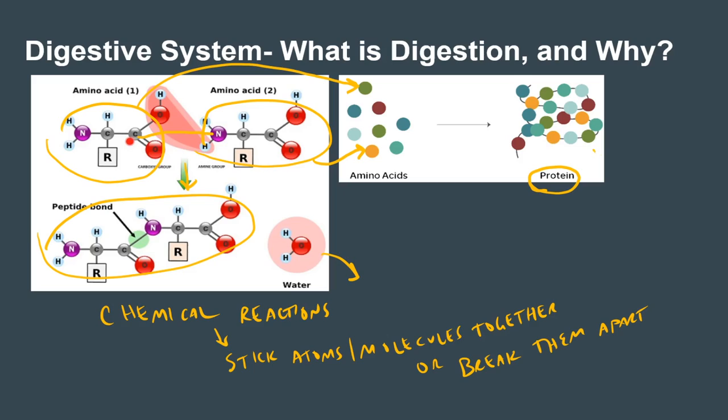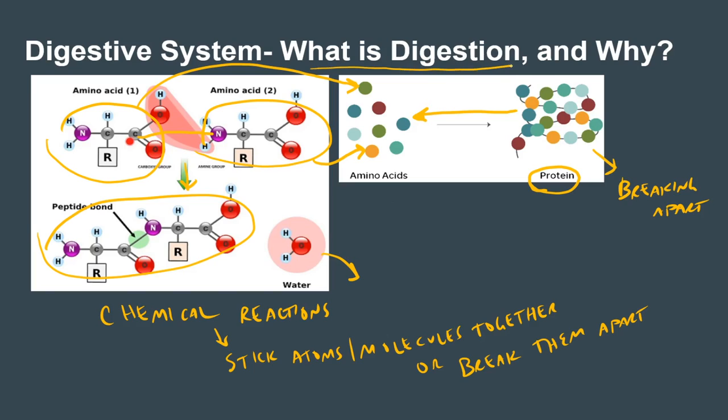So digestion means you have to start breaking these guys apart. And when you're doing that, it's really just the opposite of this arrow. You're going from big molecules like this, and when you digest, you're breaking them into the smaller parts and pieces that make them up. That is what digestion is. You're breaking apart big molecules.